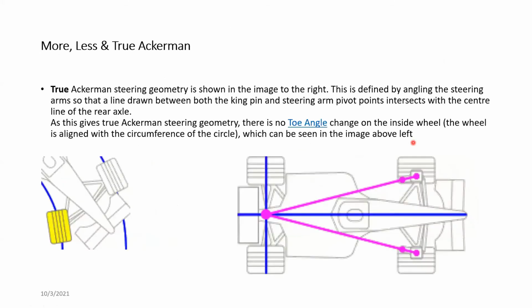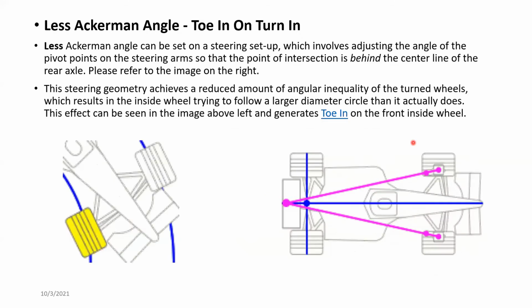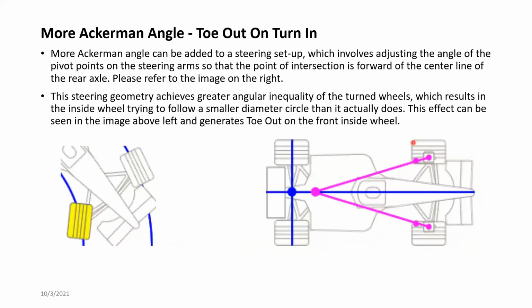So based on what sort of Ackerman angle the vehicle is following, the steering performance of the vehicle changes. But based on how the vehicle is designed, this has to be decided from the beginning. So the designer has to decide on this.